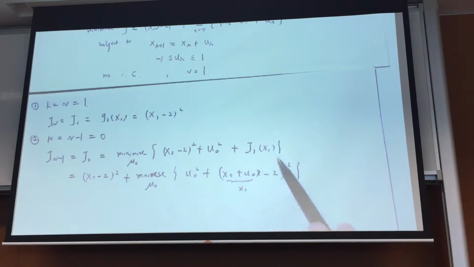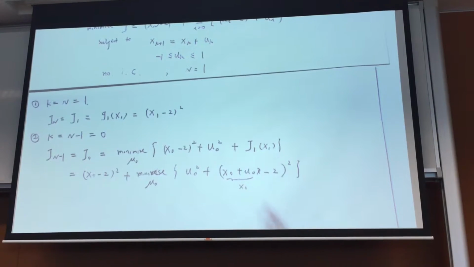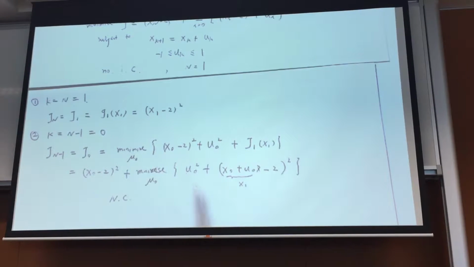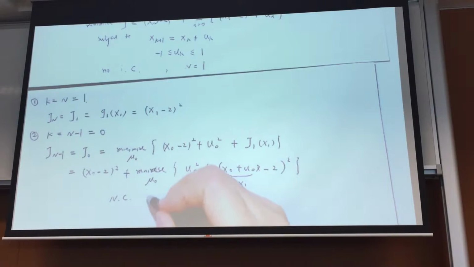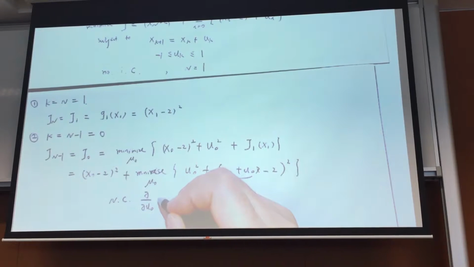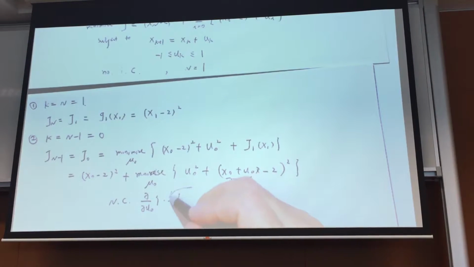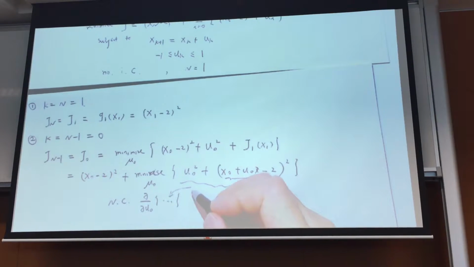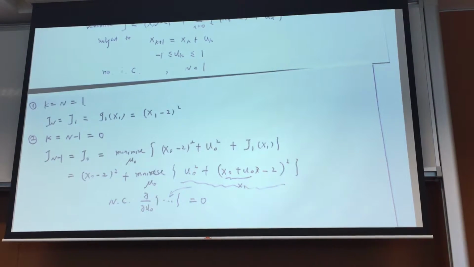For the unconstrained optimization problem, you remember our necessary condition: the derivative must be 0. So the derivative of this whole function in terms of u0 should be 0.